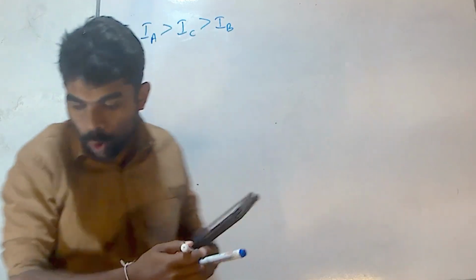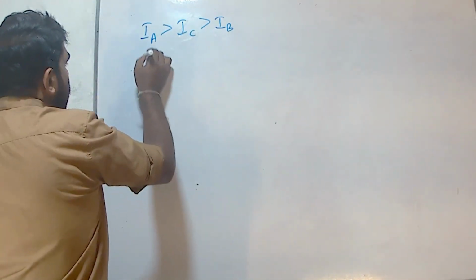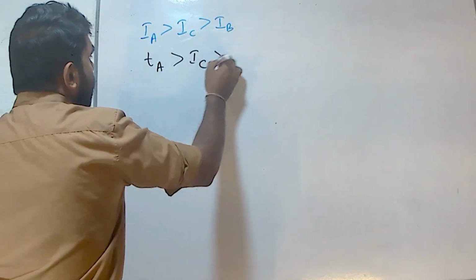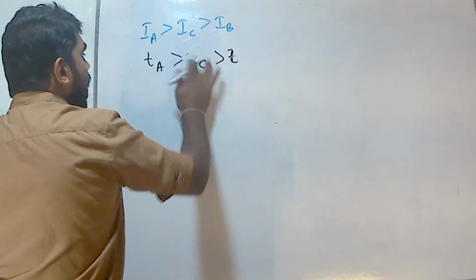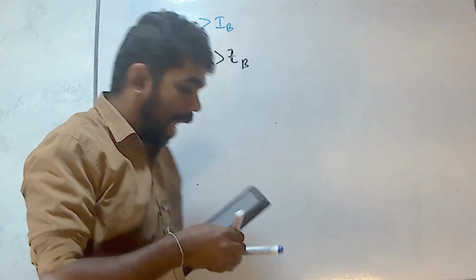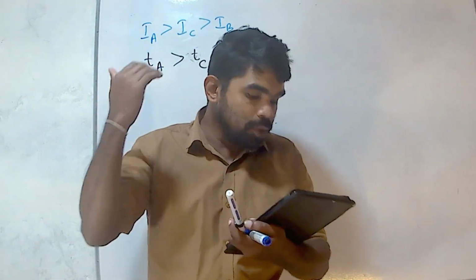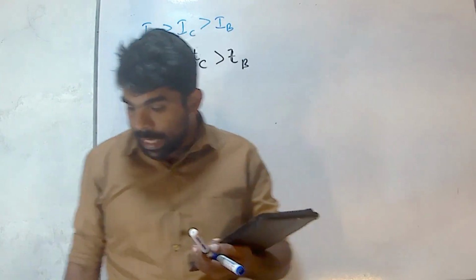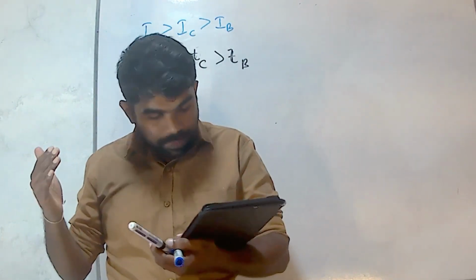Then the order of time is TA, TC and TB: time A, time C and time B is the order of time taken to come to the bottom of the inclined plane.